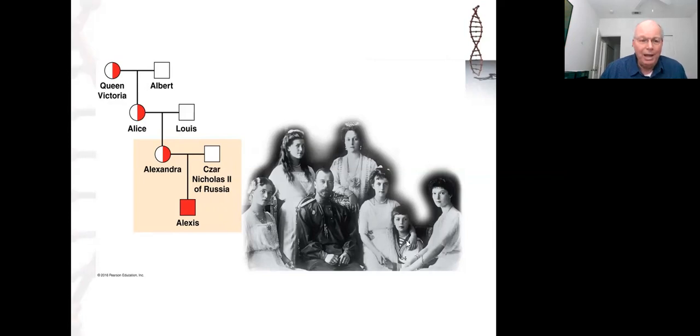And in part, you could blame the first Russian Revolution, because there were two. The first Russian Revolution led to the downfall of the royal family.